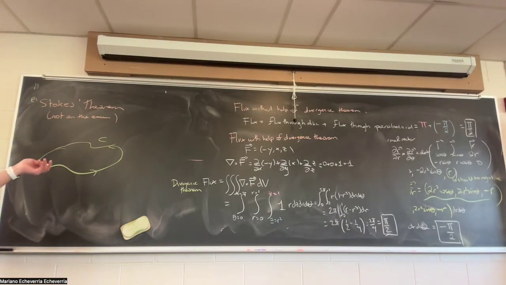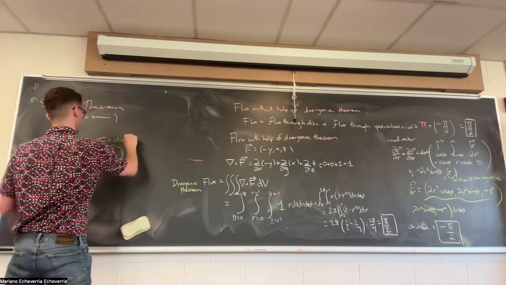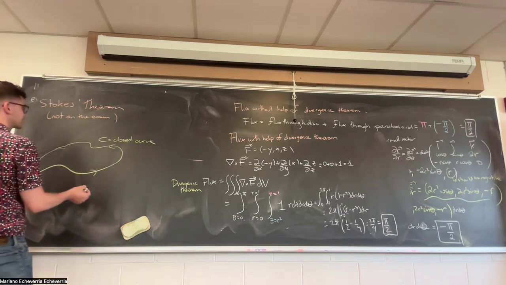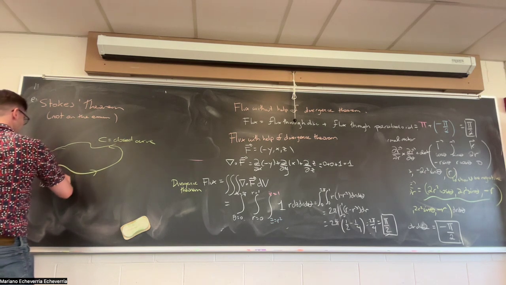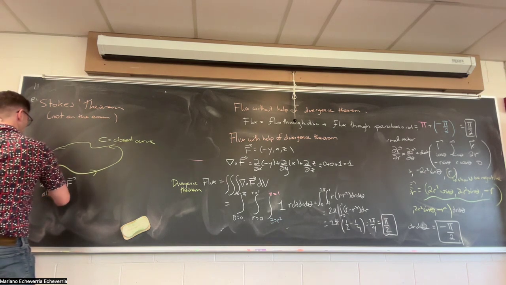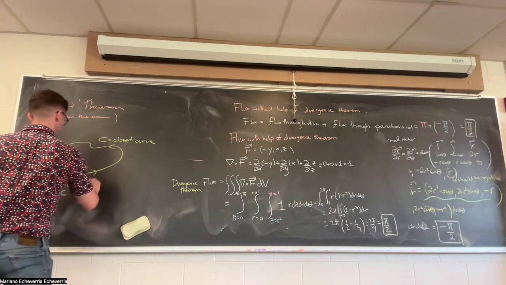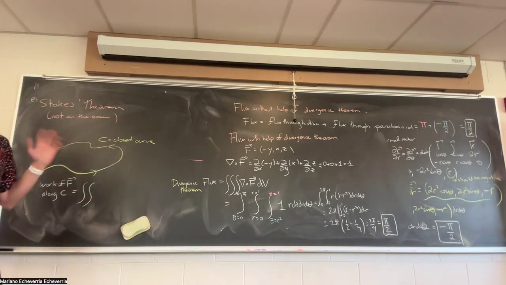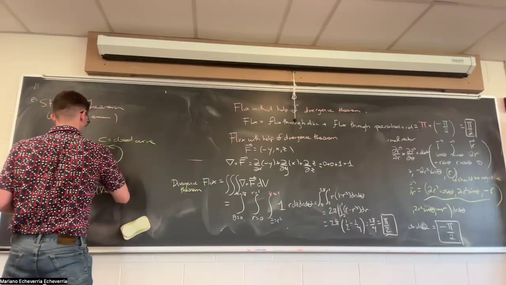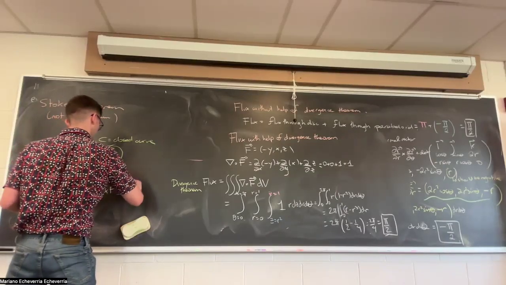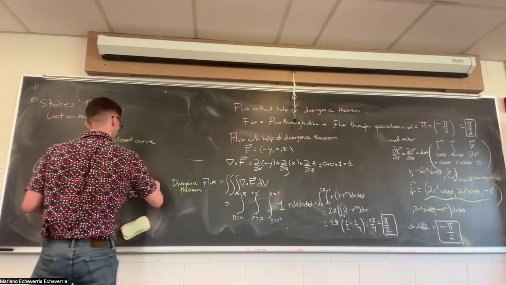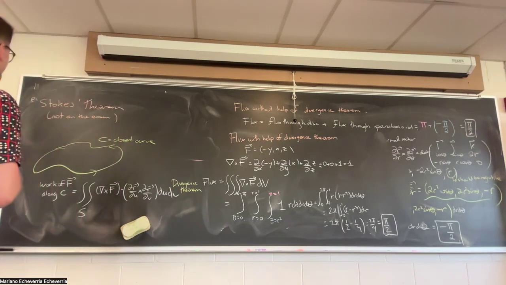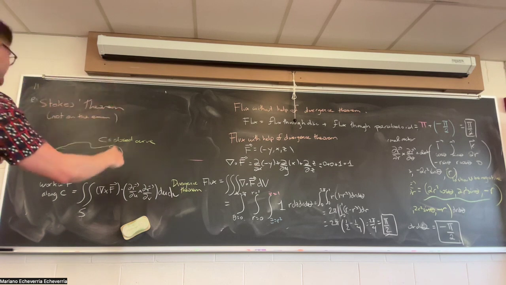In Stokes theorem, you have a closed curve and a vector field f. What Stokes theorem says is that if you want to find the work of f along the curve, you can integrate the curl of the vector field, where you use any surface whose edge is that curve.